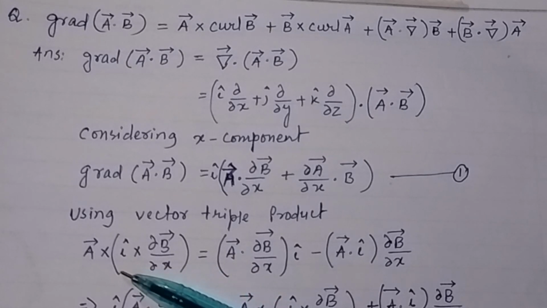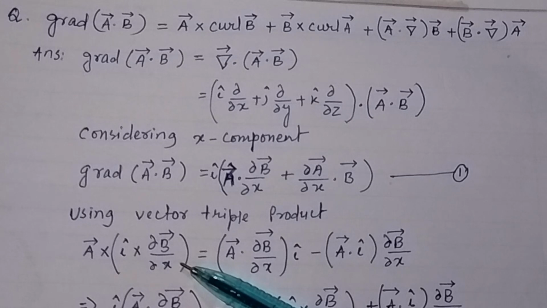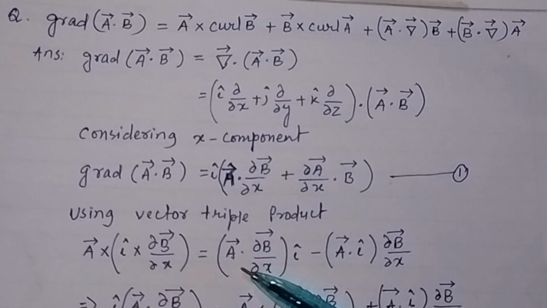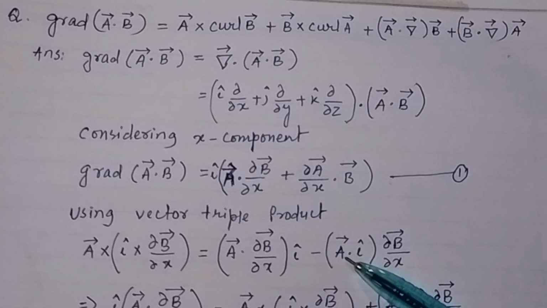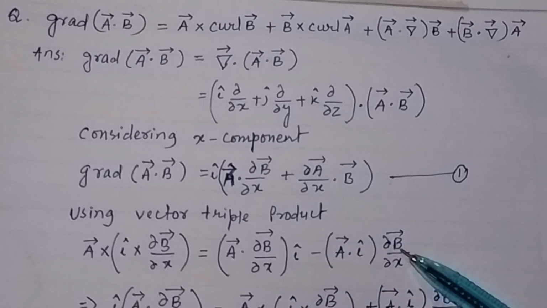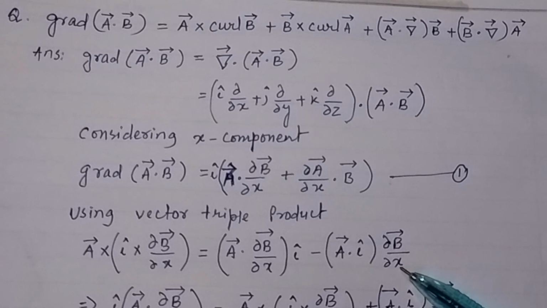Then you use the BAC minus CAB rule for vector triple product. Using that rule, that will be equal to A dot partial derivative of B with respect to x times i cap, minus A dot i cap times partial derivative of B with respect to x.